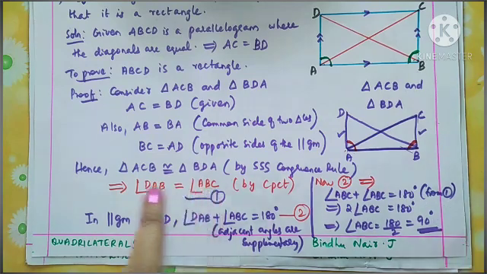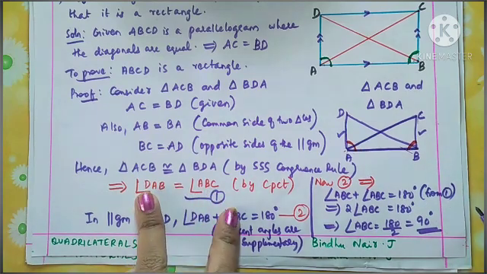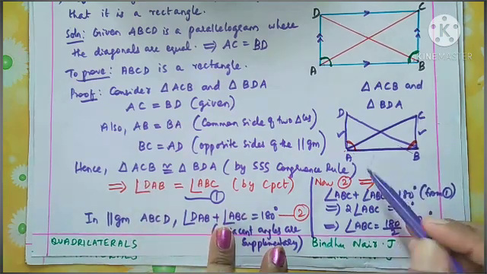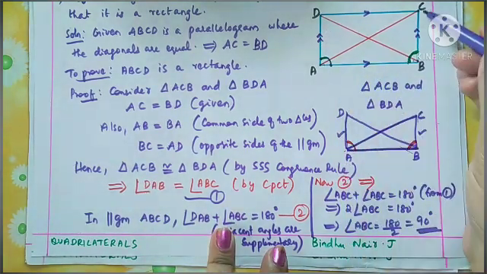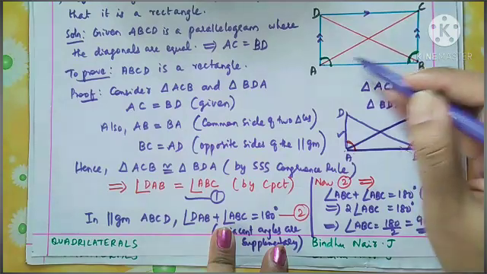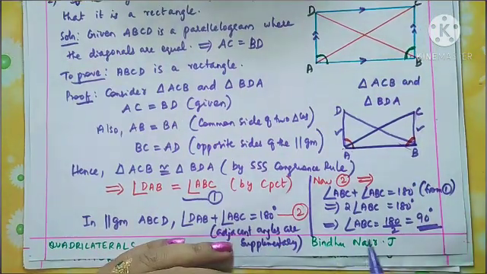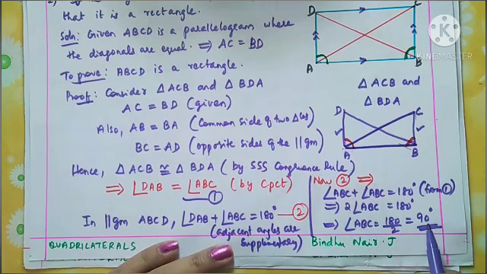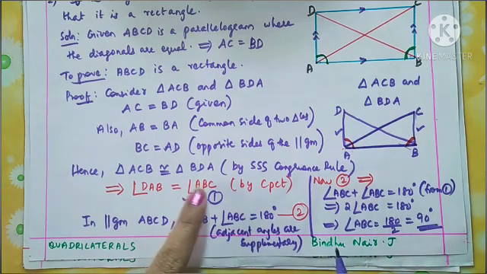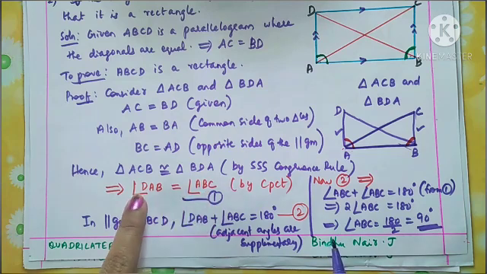Okay. So we got each, that is ABC value is 90 degree. That is the same value of DAB also. So what is the meaning of that? This angle DAB and this ABC are both, each of them are 90 degrees. So we got angle ABC equal to 90 degree, and from equation 1 you know ABC equal to DAB.